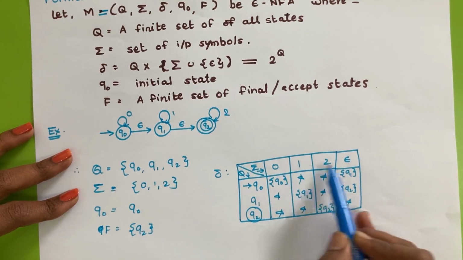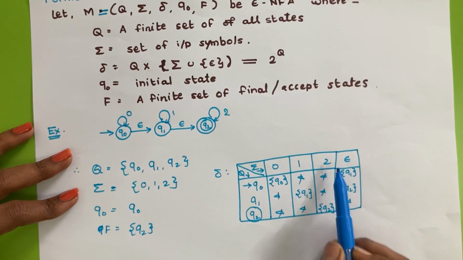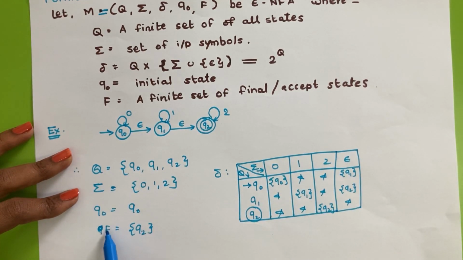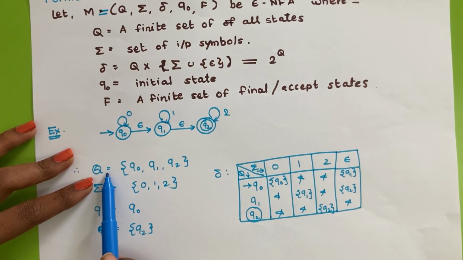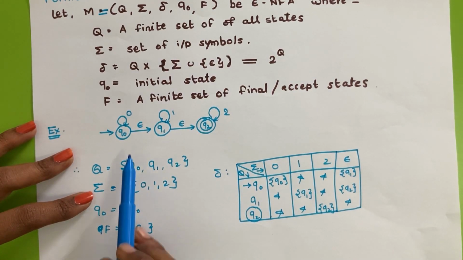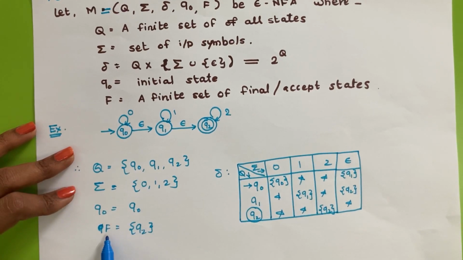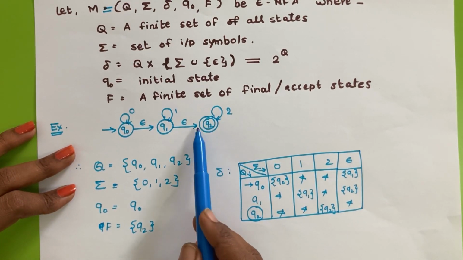But now here we have an explicit column for the empty symbol. These are normally written as: capital Q set will include Q0, Q1, Q2. Sigma will include 0, 1, 2. Q0 is the initial state. F is the set Q2, because Q2 is the final state.